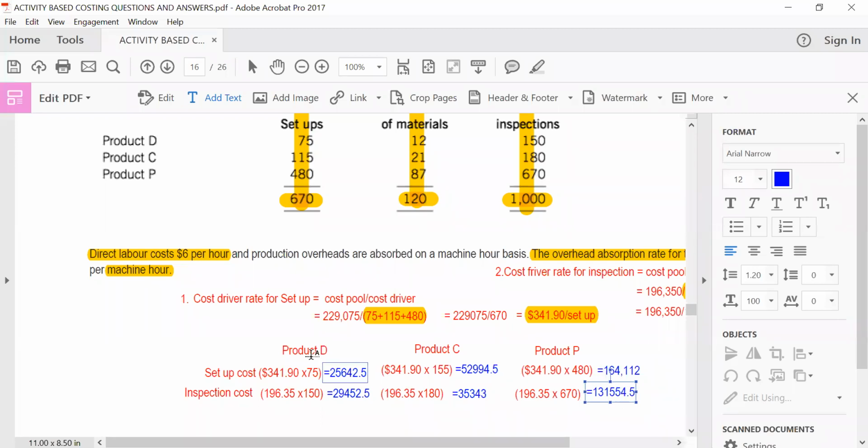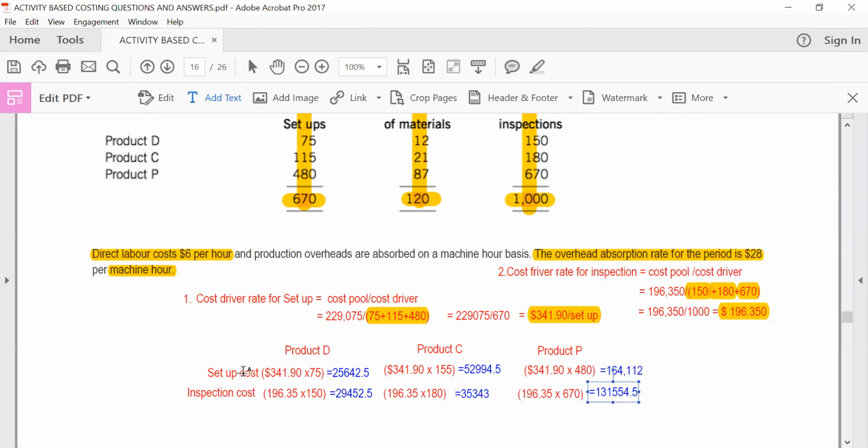Good. So all that you have to do is get the meter for all the overheads, then come and absorb. Simple. We have a lot of them, but we have only gone through setup cost, getting the meter and absorbing. Inspection cost, you have gotten the meter and you have absorbed. You are supposed to do that for the remaining.